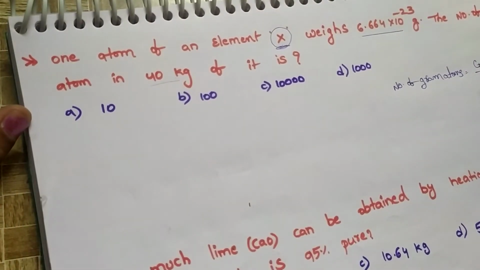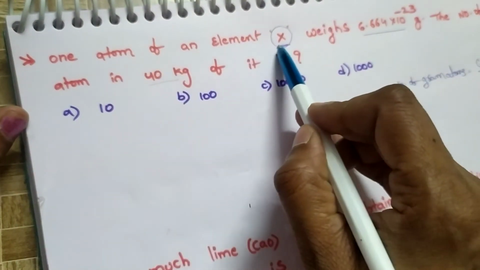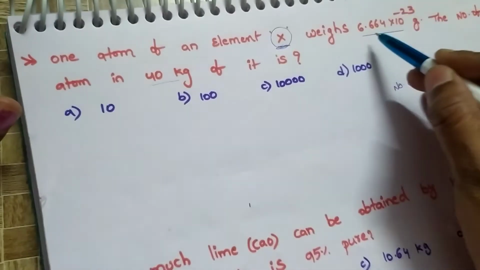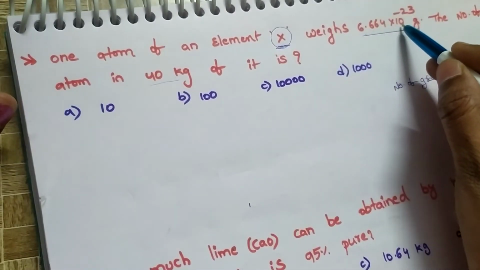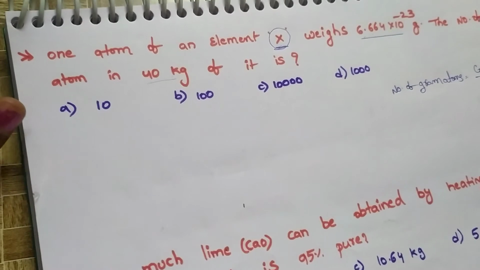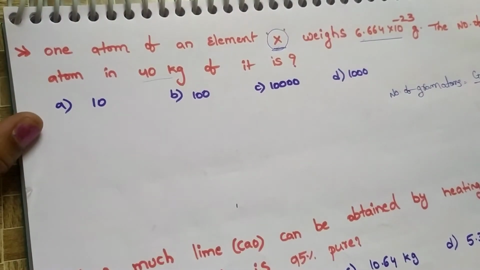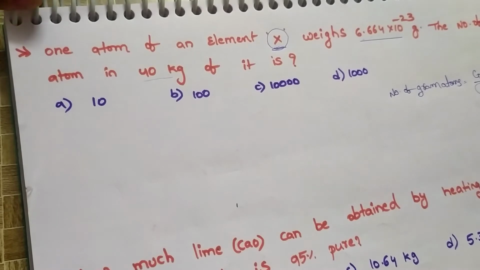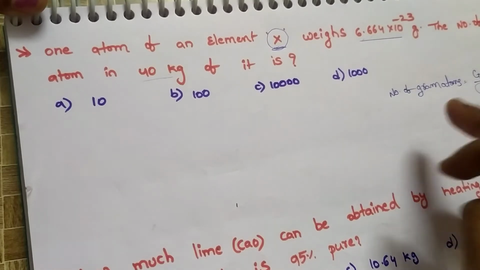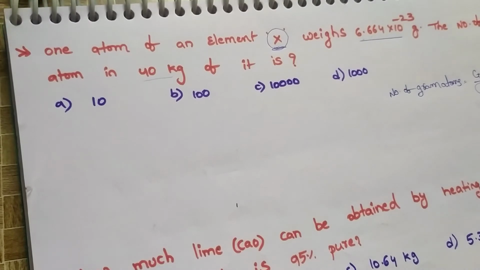See, how to calculate the weight? The atom weight is given here, right? The weight is 6.64 into 10 to the power of 23 grams. But here we don't know the atomic weight, isn't it? We have to first find the atomic weight and then substitute the value in that.